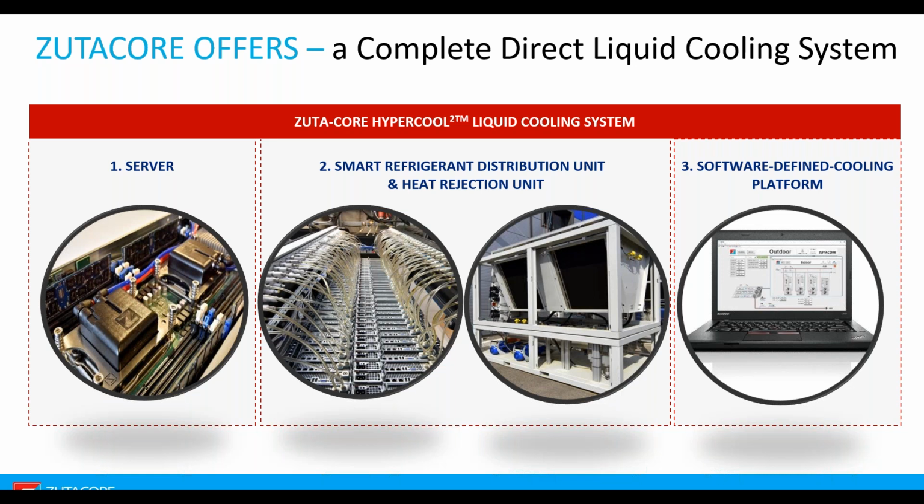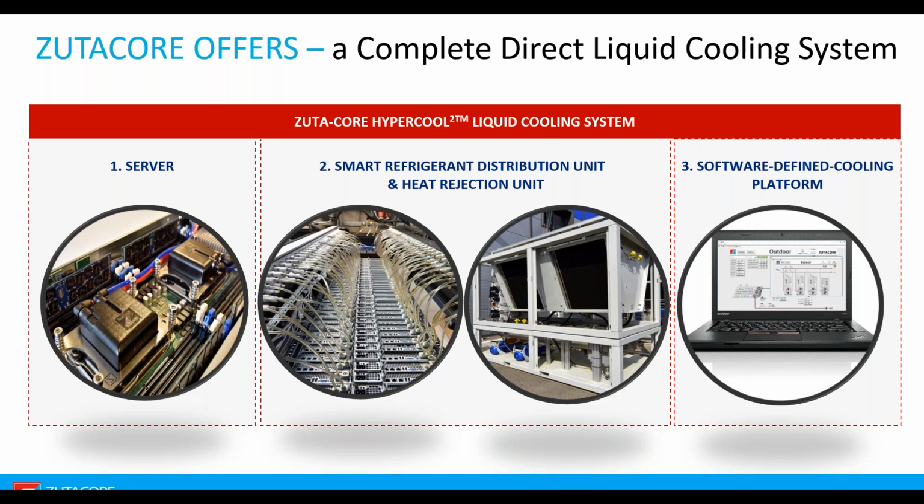This is the refrigerant distribution unit. And to its right, a photo of a heat rejection unit, in this case an air-based heat rejection unit, an outside unit. We do have similar products for a single in-rack product.